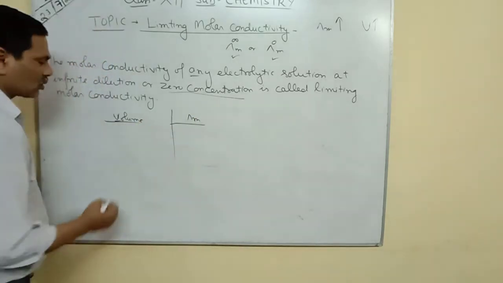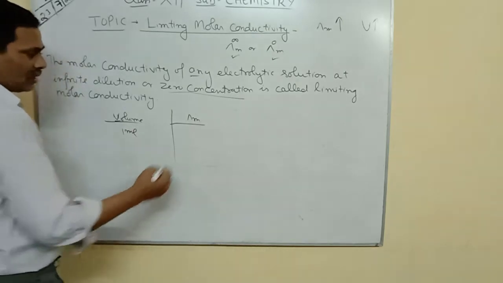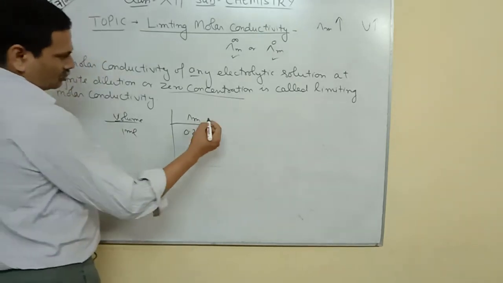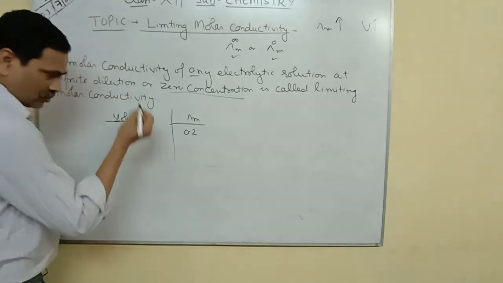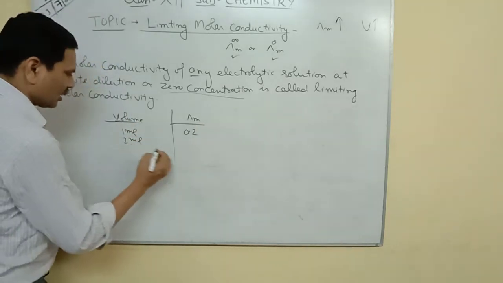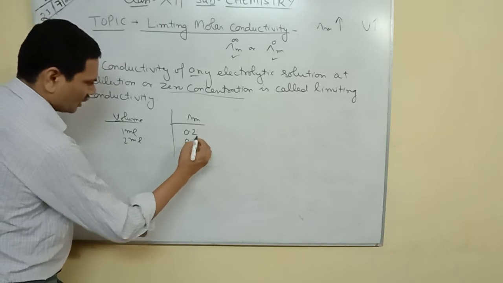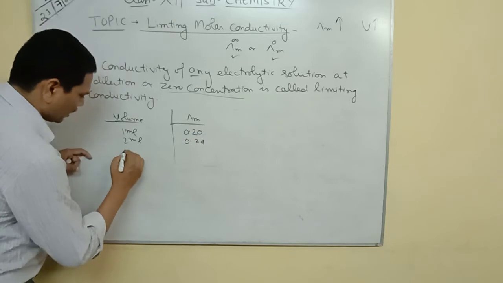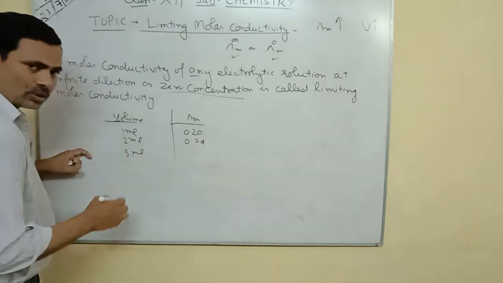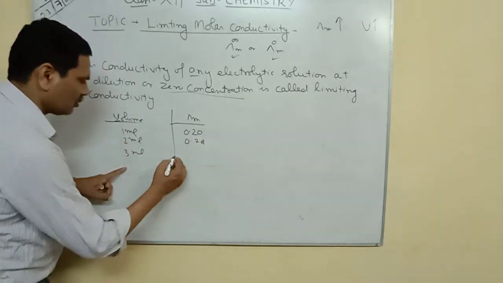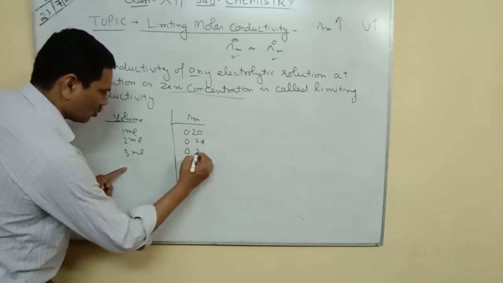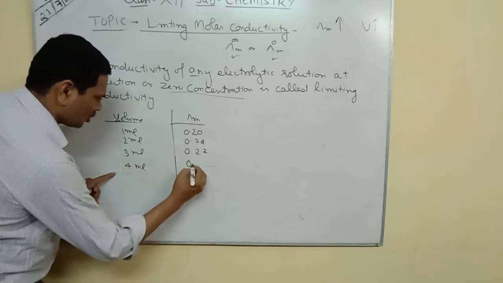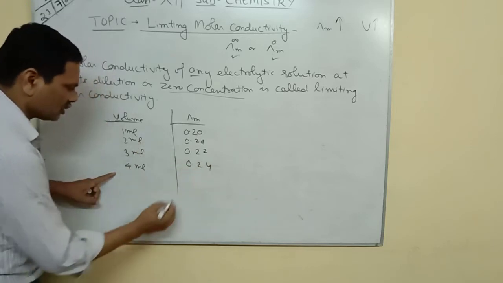Suppose the volume of the electrolyte is 1 ml and the molar conductivity is 0.2. When water is added and the volume becomes 2 ml, the molar conductivity increases to 0.21. Then 1 ml more is added, the volume becomes 3 ml, and the molar conductivity is 0.22. When it is increased more, it becomes 0.24, and so on.